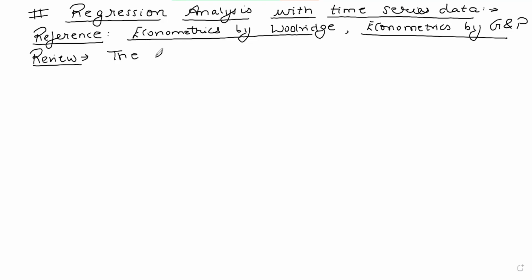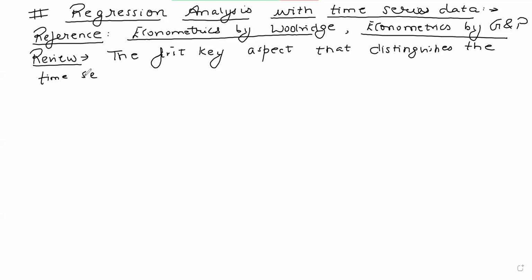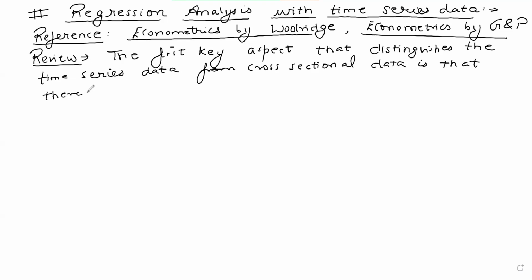The first key aspect that distinguishes the time series data from the cross-sectional data is that there is clear temporal ordering.